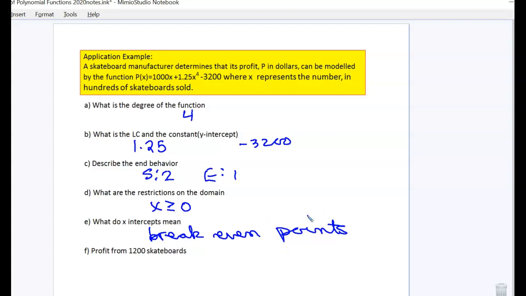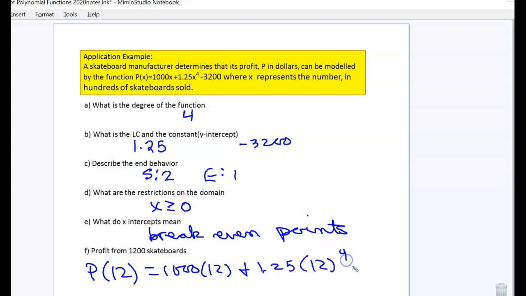And the last question says, what's the profit from 1,200 skateboards? That means I'm putting 12 in because in this equation, X represents the number of skateboards in hundreds. So it's going to be 1,000 times 12 plus 1.25 times 12 to the 4th minus 3,200.